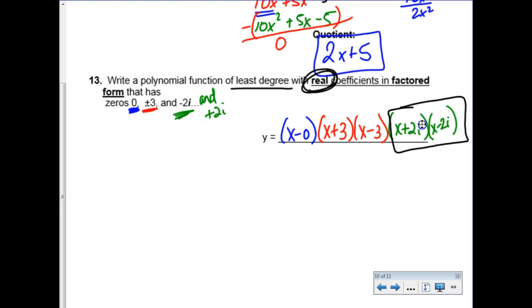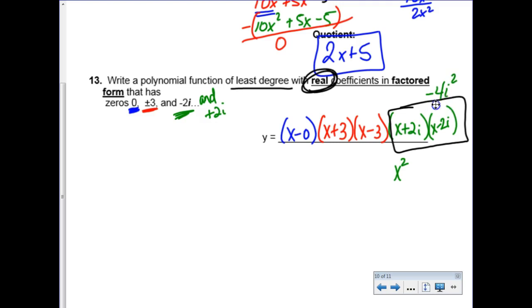The good news is, since they're conjugates, you can FOIL them back together pretty quickly, and then we can leave it in factored form after that. So FOILing this back together, you get x squared, the minus 2i and plus 2i x's are going to knock out, and then you have a minus 4i squared. Ladies and gentlemen, what is i squared?